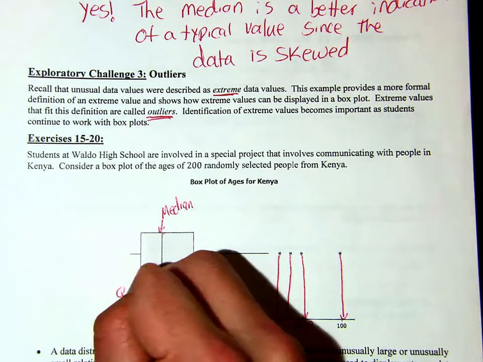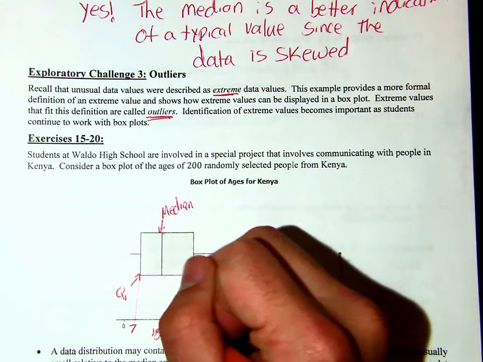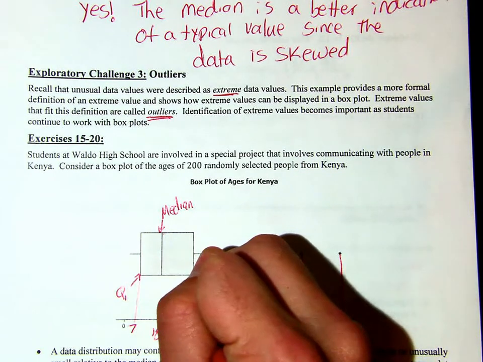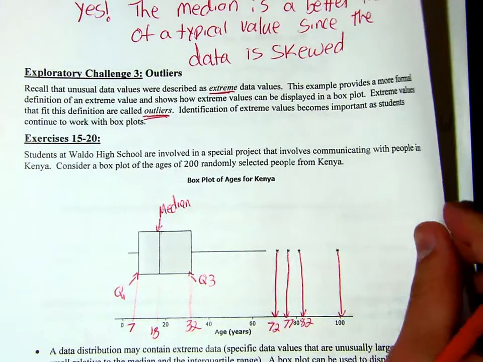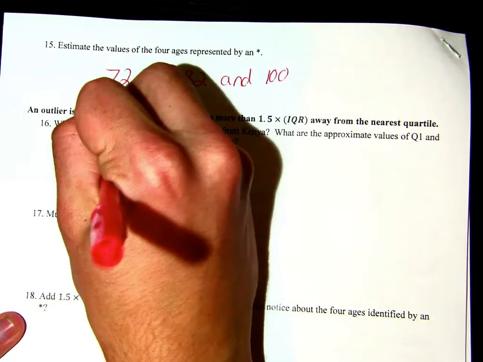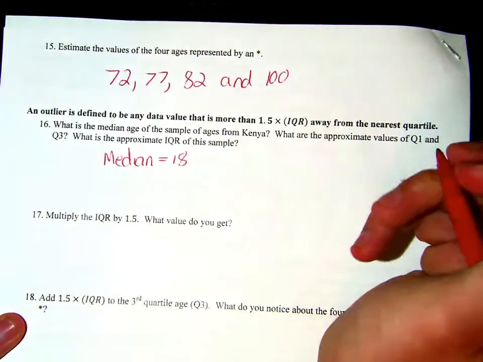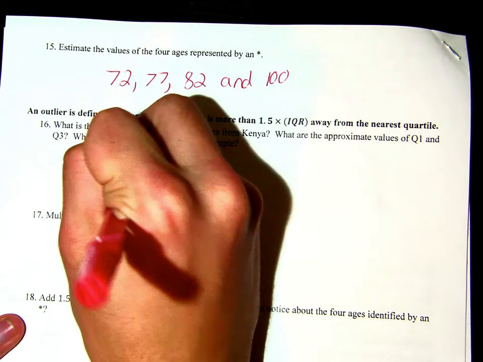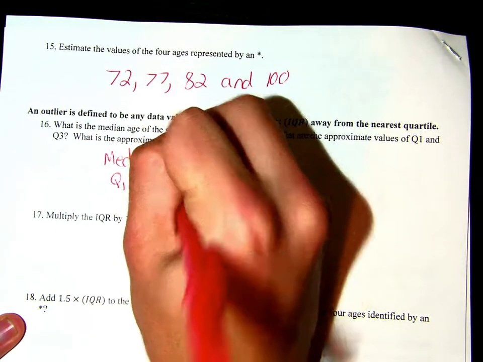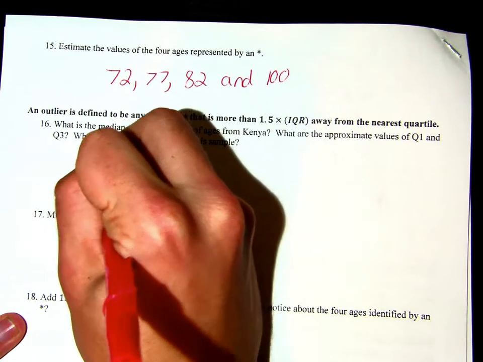In quartile 3, if I go down here, it's a little bit after 30, so I'm going to say 32. So we estimated that our median is equal to 18. Our quartile 1 is equal to 7 years. And our quartile 3 is equal to 32 years.